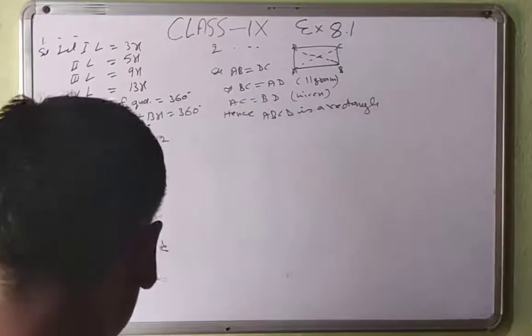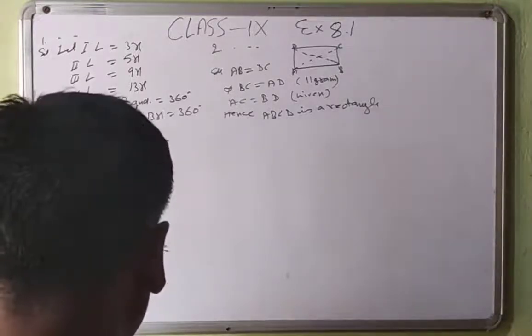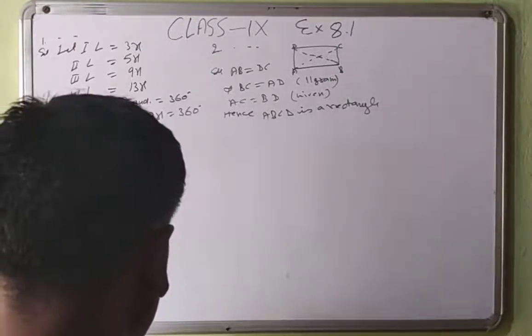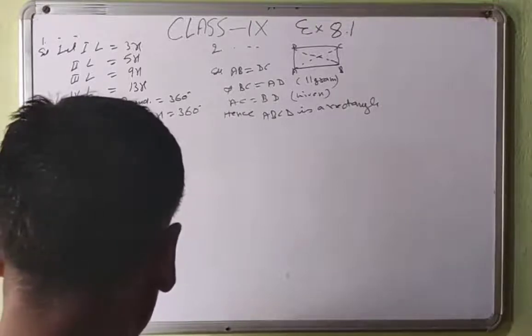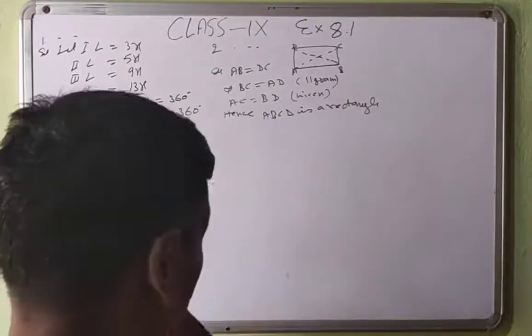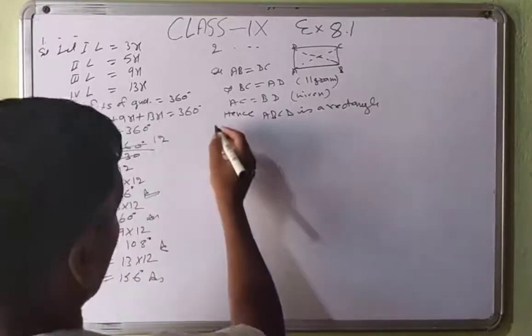And then the third question: if the diagonals of a quadrilateral bisect each other at right angles, then it is a rhombus. Rhombus means all sides will be equal.